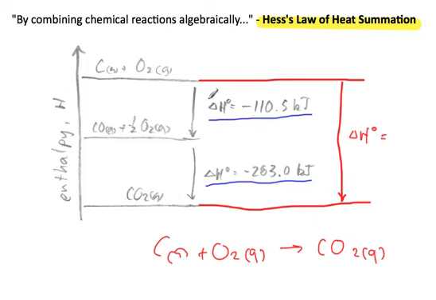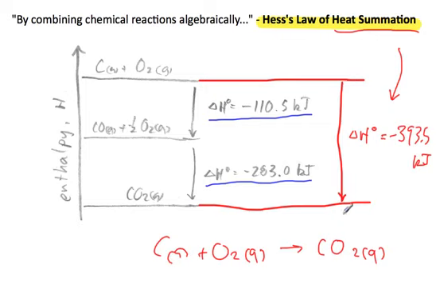If we look at these two values, arrow going down, arrow going from that endpoint down, what if we added those two values? We're going to get a value of negative 393.5 kilojoules. So we've added summation, heat summation. What we've done is we've added those two delta H's for those two different reactions.